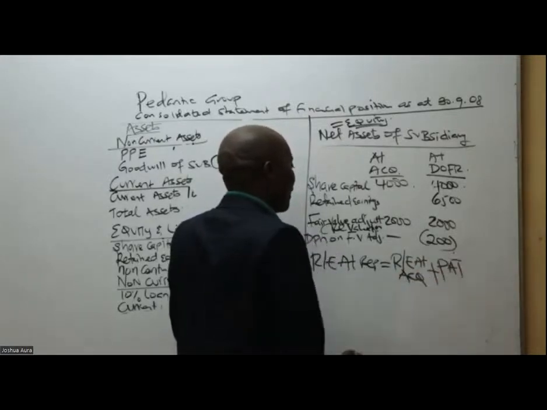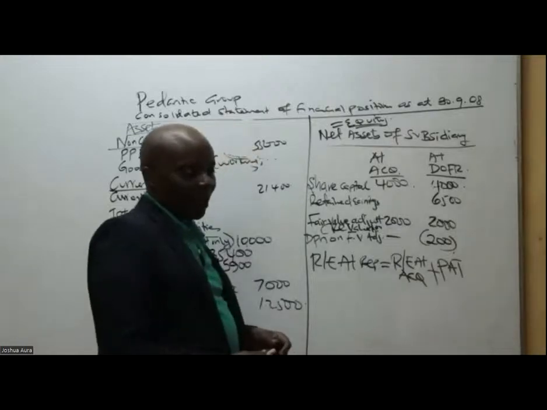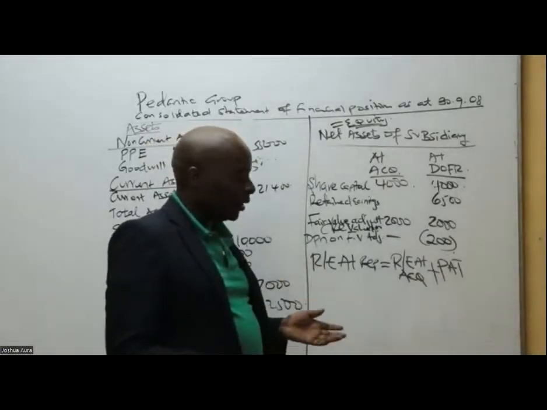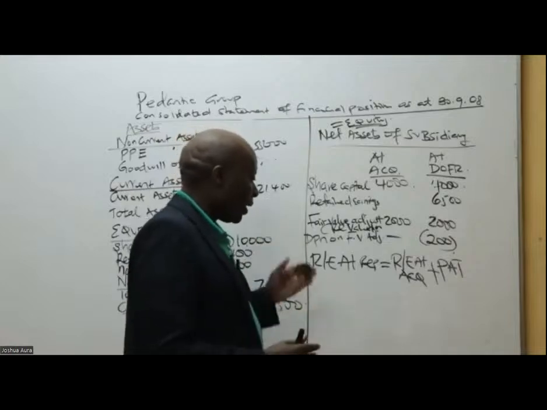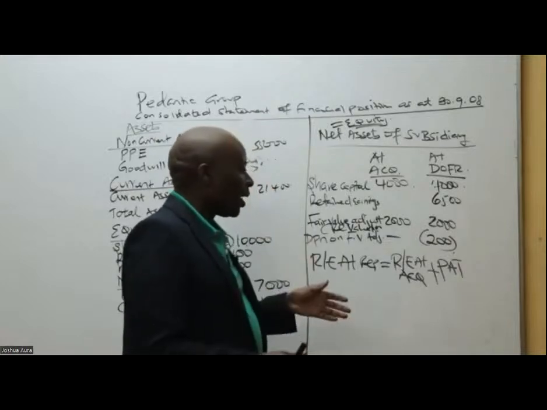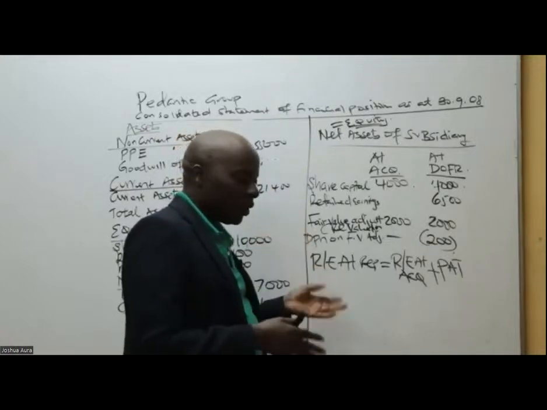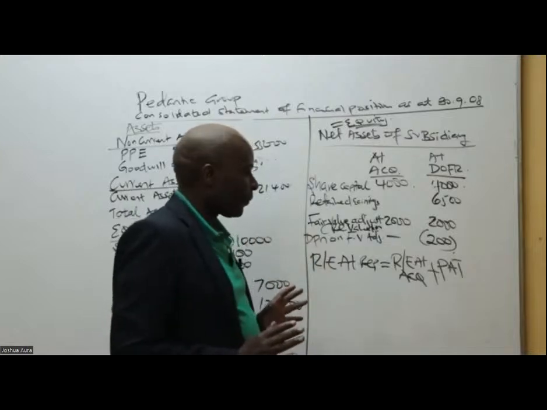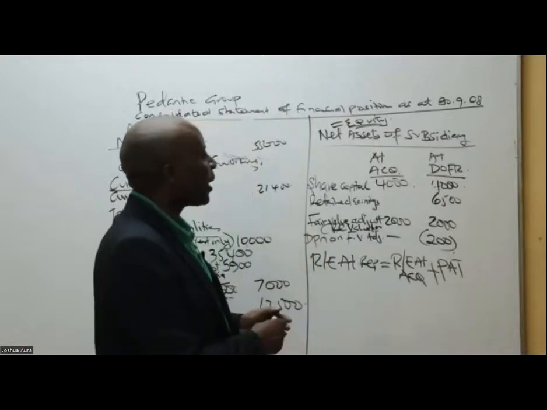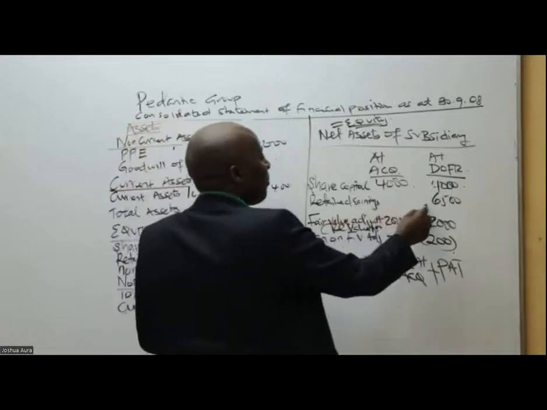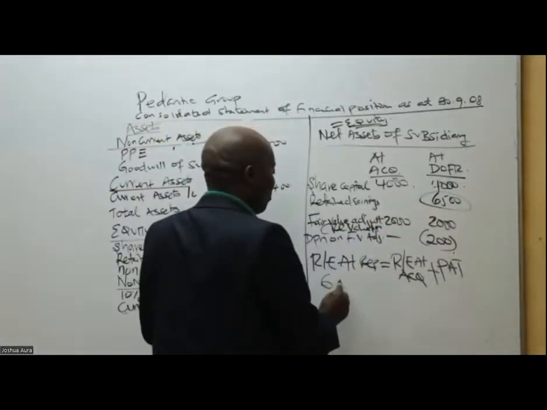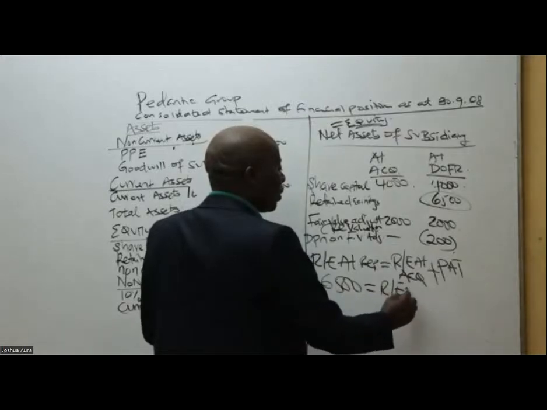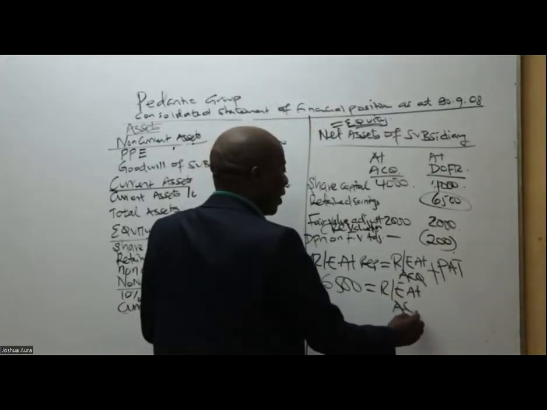Assuming there were no dividends paid, assuming you retained everything. Whenever you want to get retained earnings at reporting, we normally take retained earnings at acquisition plus the accrued profit. Abracadabra. Ukiona hapa, retained earnings at reporting is 6,500. Retained earnings at acquisition is what I want.